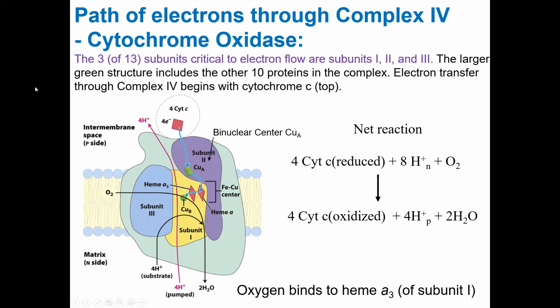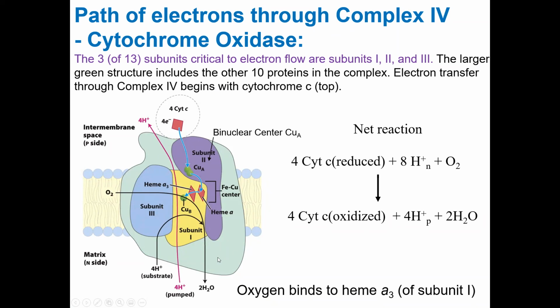So 3 of the 13 subunits, remember I said there are 13 peptidyl units, are most critical for the electron flow. Those 3 units are shown here in yellow, blue, and purple. Yellow is subunit 1, purple is subunit 2, and blue is subunit 3.